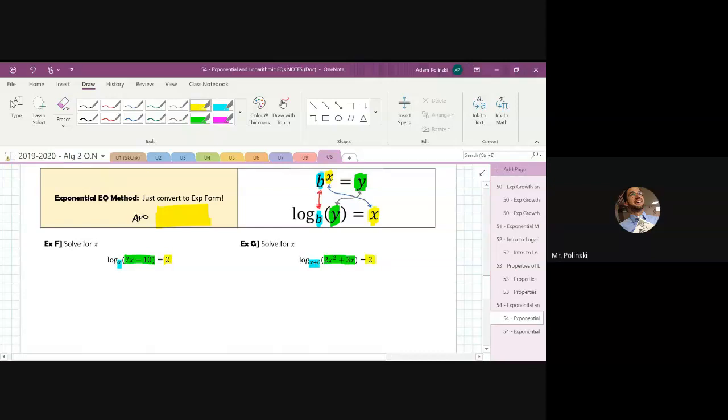We actually already had a little bit of practice with this. In one of the earlier Delta Maths I gave you, we were setting up these kind of crazy equations. I told you we were going to come to this at some point. Today is that day. So we're going to go ahead and convert. Remember, the base is the base is the base. So I'm going to have x, and here I'm going to have x plus 6. And if we're converting, we know that the exponent is just what we're equal to. So here it's going to be x squared, and this is going to be x plus 6 squared.